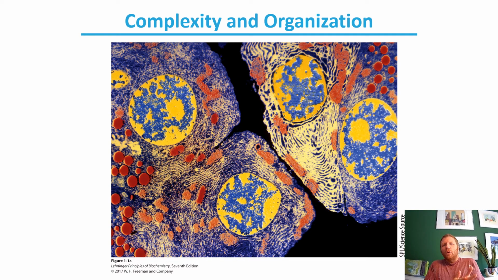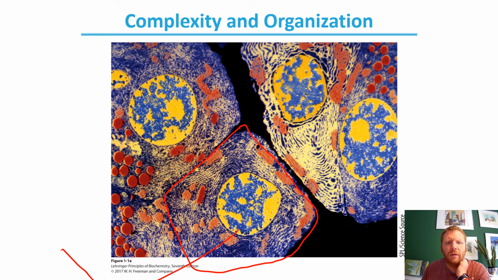Regarding complexity and organization of living matter, you have this wonderful image of differentially stained cells. I'll give you a rough outline of where the cells are distinguished from one another. I'm not exactly sure what all these stains are. I believe this blue stain is DAPI, which stains nucleic acids.